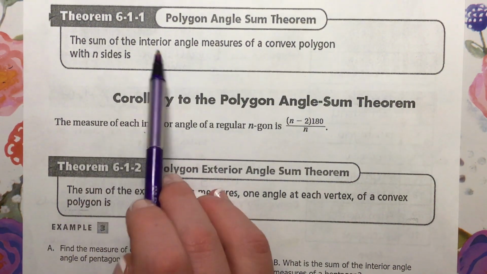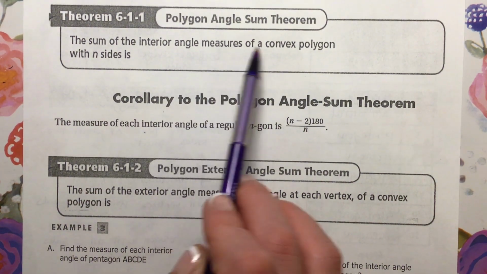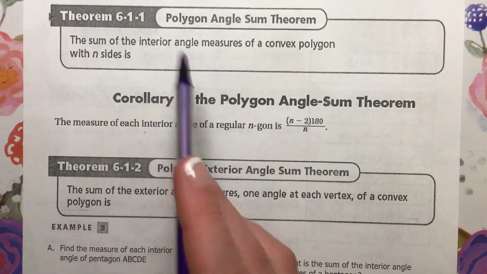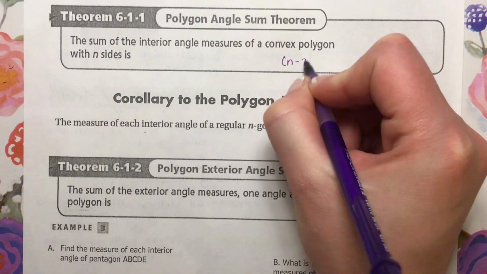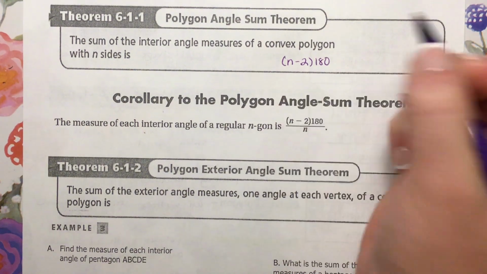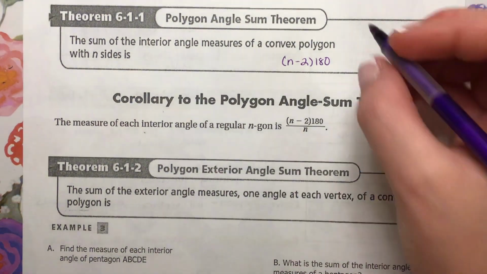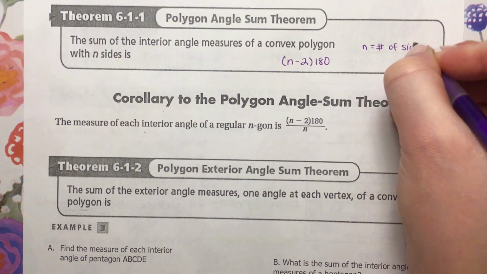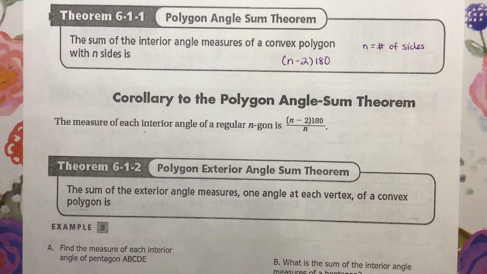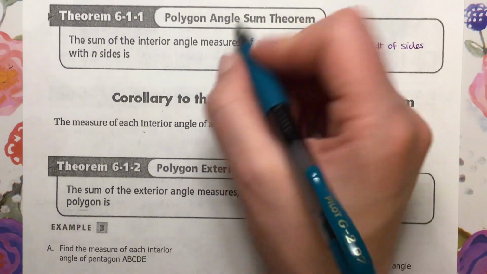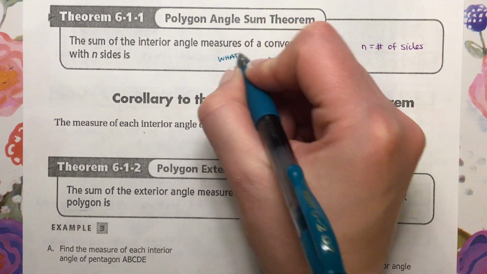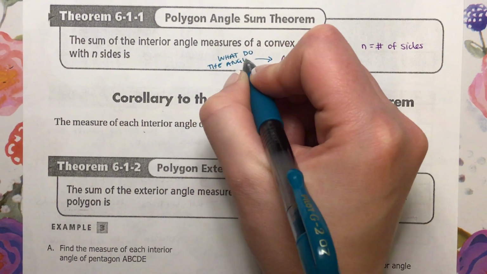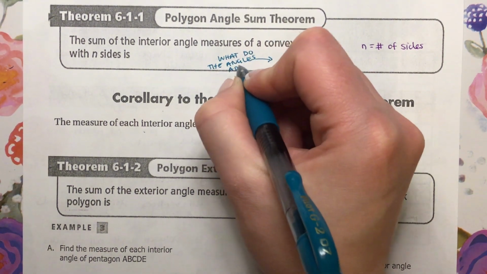So the sum of the interior angle measures of a convex polygon with n sides is n minus 2 times 180, where n is equal to the number of sides. So what this is calculating is, what do the angles add up to?